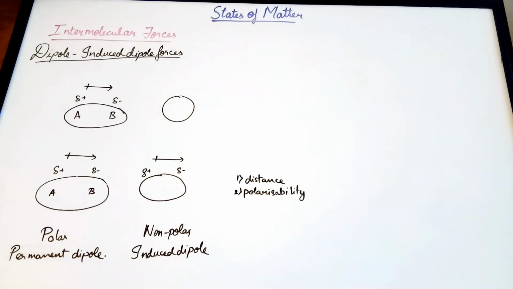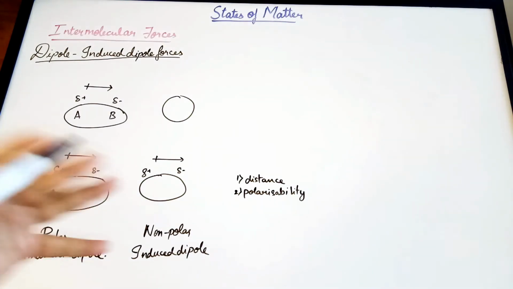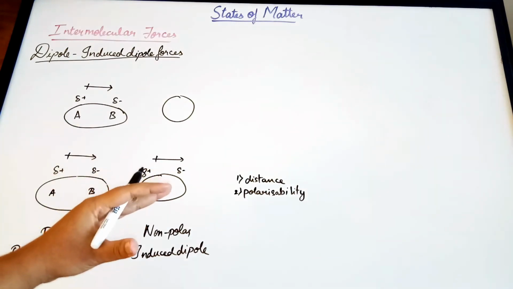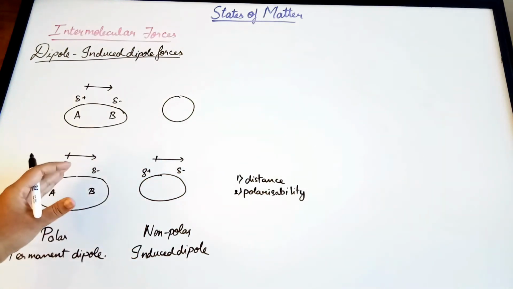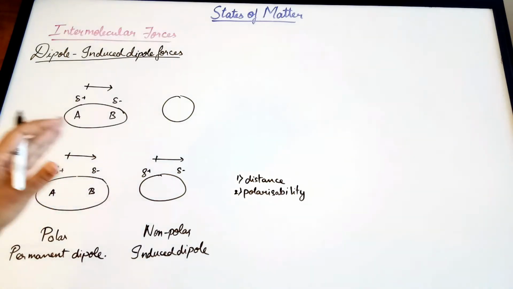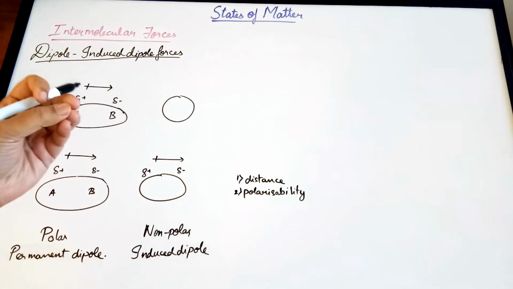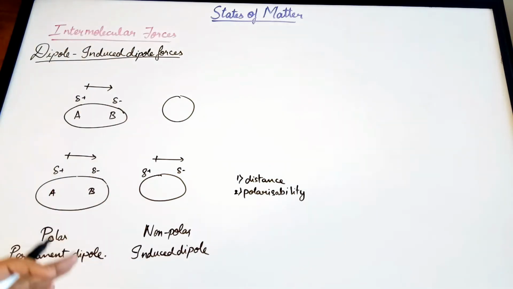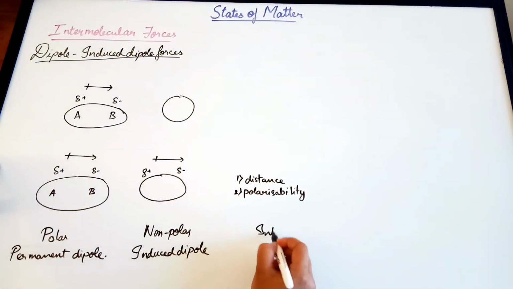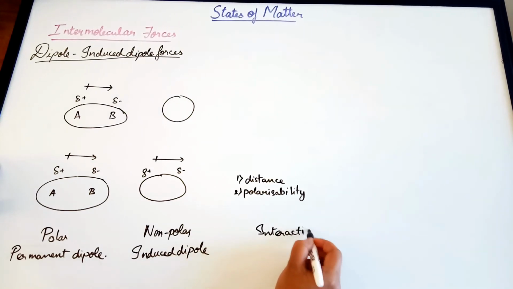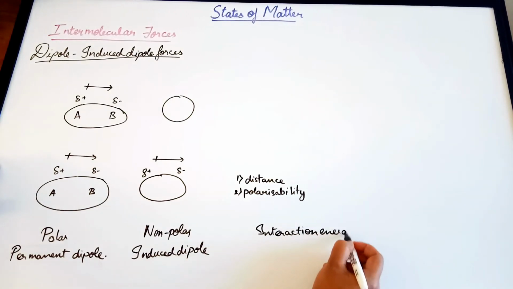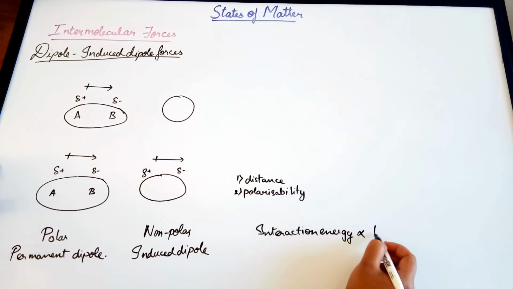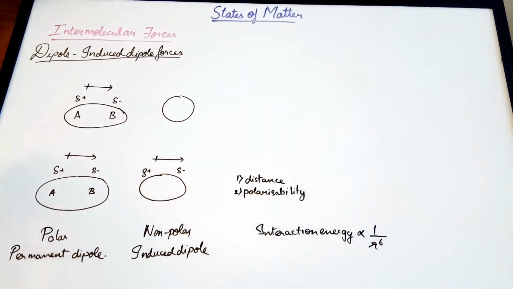In case of dipole-induced dipole forces, we'll assume that the mixture consists of both polar and non-polar molecules. So there are going to be dipole-dipole forces between the polar molecules, and dispersion or London forces between the non-polar molecules. All of those forces will also come into play in dipole and induced dipole forces. And obviously the interaction energy is inversely proportional to r to the power 6, where r is the distance.